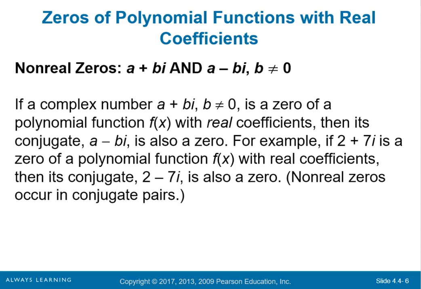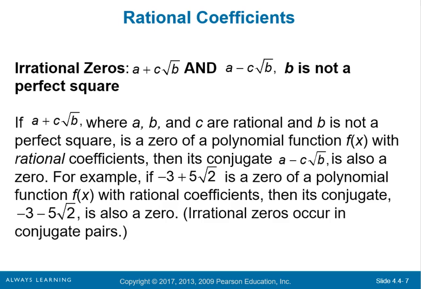All right, that's also the same for irrational. Irrational zeros must also have both the number and its conjugate in the event that the b, in this case under the square root, is not a perfect square. If you have a perfect square, this does not apply.